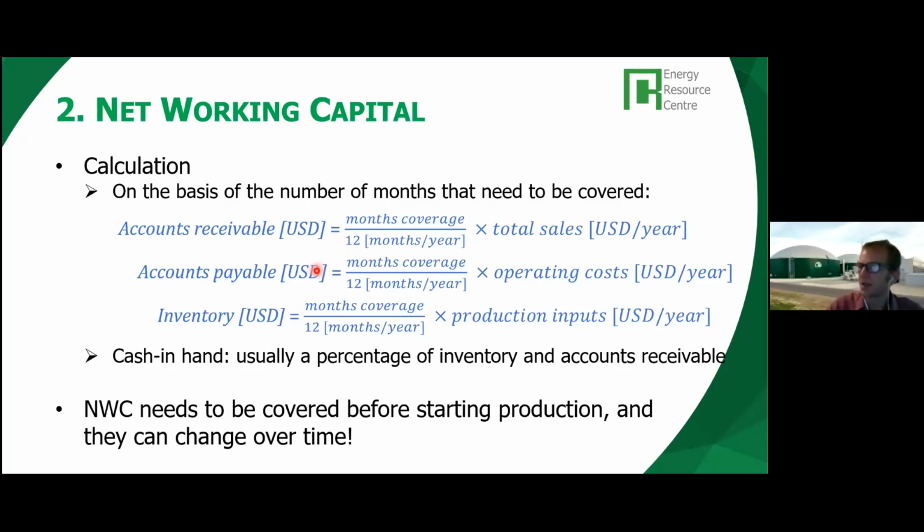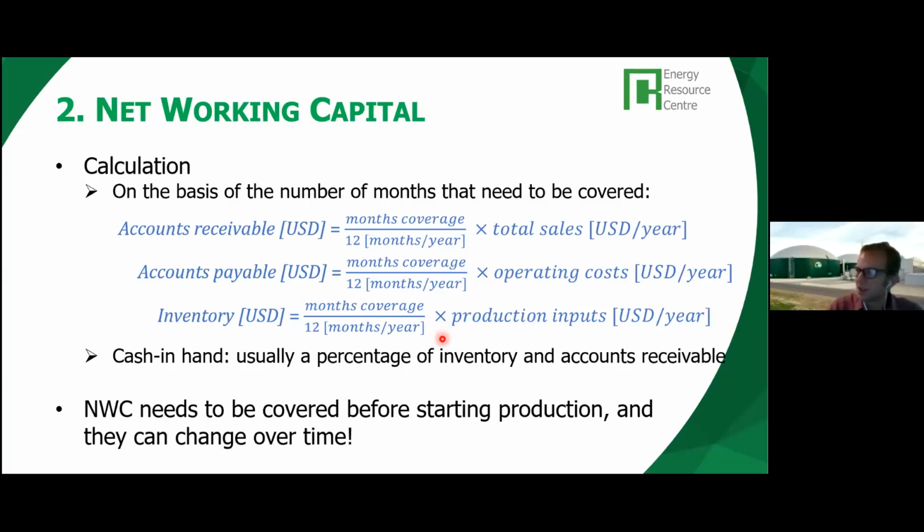Accounts payable and inventory are also based on the number of months to be covered. Accounts payable on the basis of the operating cost, so everything that you have to pay, from the salary of your staff to any purchases that you have to make for functioning of your project. It's all to be included in the accounts payable calculation.